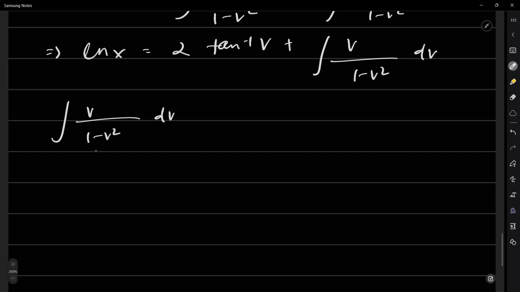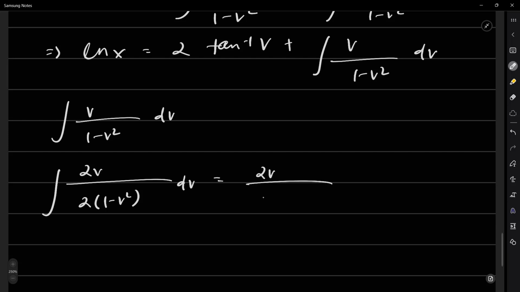Consider a multiplication of 2 in the numerator and the denominator, 2v divided by 2 into 1 minus v square dv. So take this 2 outside of the integration, so 2v divided by 1 minus v square dv. Take a minus here and here.